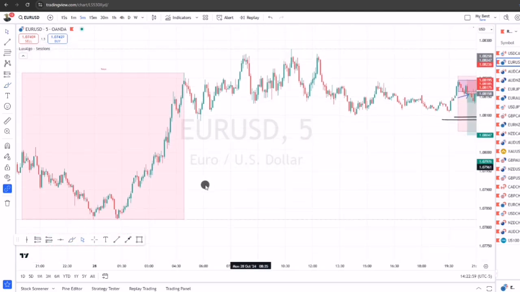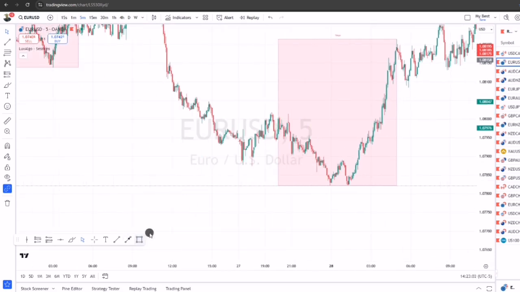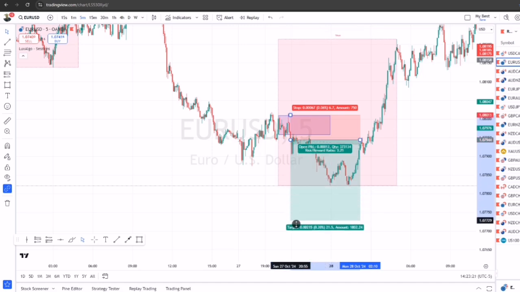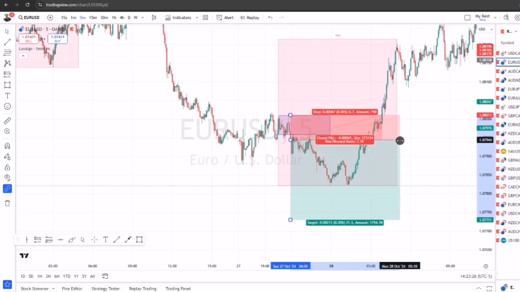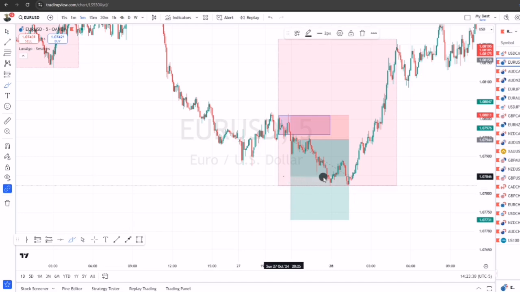Okay, let's check another one to see if this thing is not a hit and run. Okay, you see that price closed below, you would have sold there. You put your stop loss just above that key level, then you target your 1 2 3.